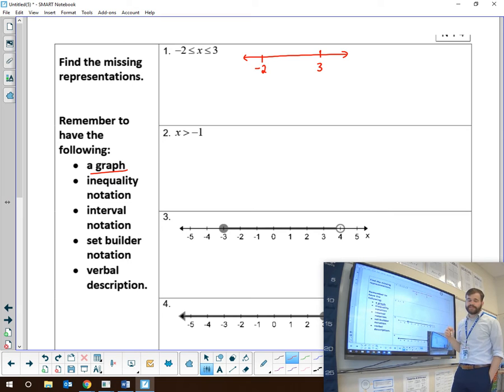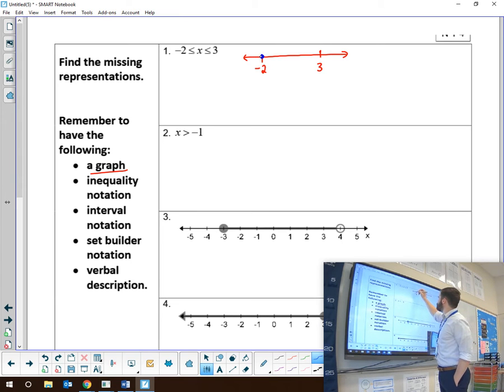This first point at negative 2, x is greater than or equal to negative 2. So am I going to put an open circle or a closed circle at negative 2 for this graph? Good, yeah, I'm going to put a closed circle because it is also equal to negative 2.